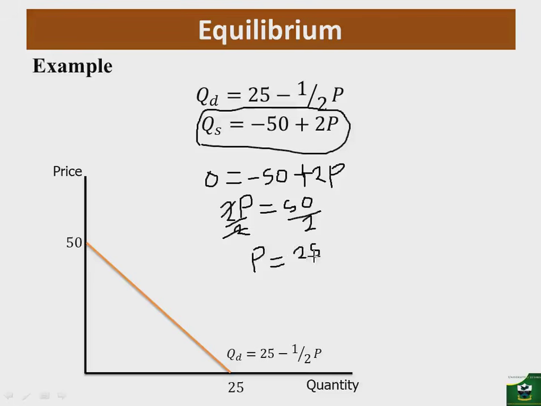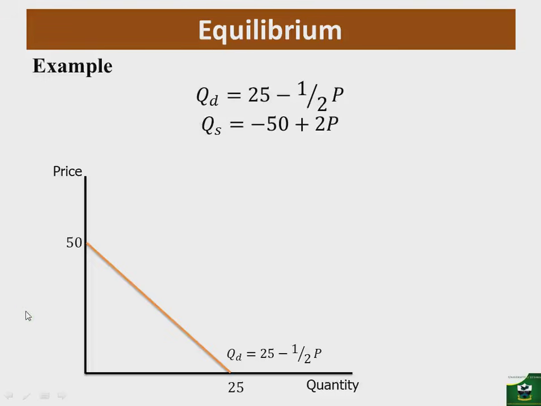So given this, what we are plotting is 0, 25. Which means that the value of P when Q is 0 is 25. And therefore, we need to locate where this 25 is along the vertical axis and then plot the 25. If we do that, we will have our 25 coming down there.